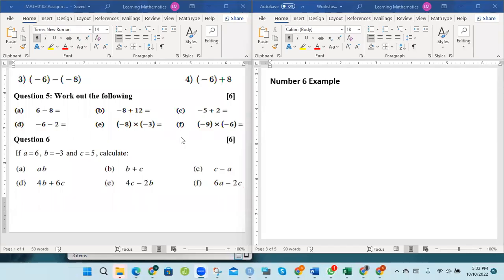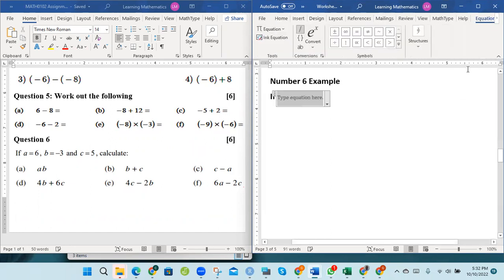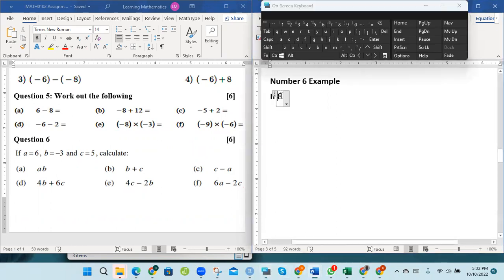So number 6 is if A is equal to 6. So we can say if A, and put a number close to it. Let's say if A is equal to 8, B is equal to negative 3.